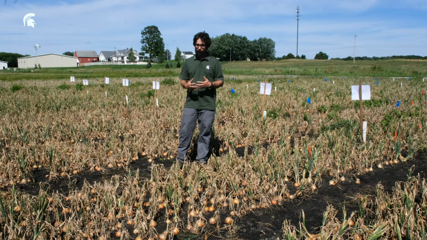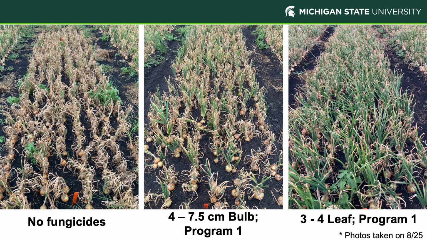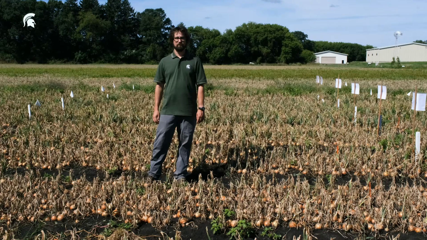Now we still have yield data to go through, but in terms of percent green tissue left on these plants, they definitely lost their tissue earlier than our earlier fungicide treatments that started at the 3 to 4 or 5 to 7 leaf stage. We see that these onions, again, are dying with their boots on, so they're dying standing up, and they haven't lodged.